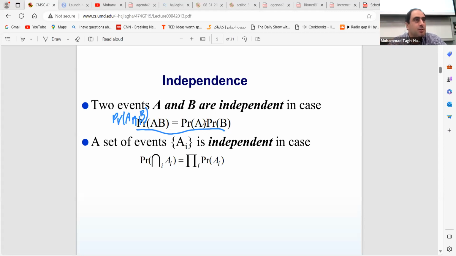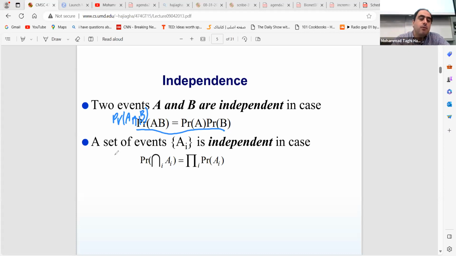Union plays similarly to summation, or sigma. So two events are independent if probability of AB is equal to probability of A times probability of B.